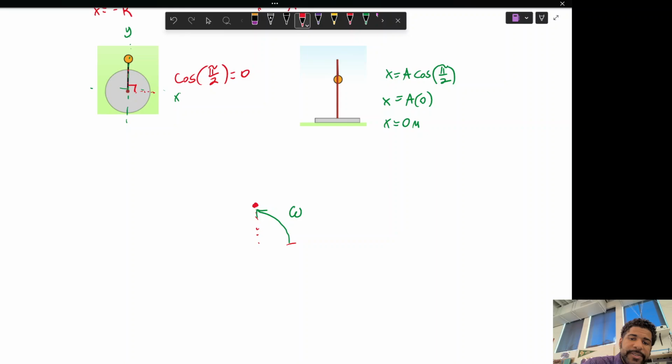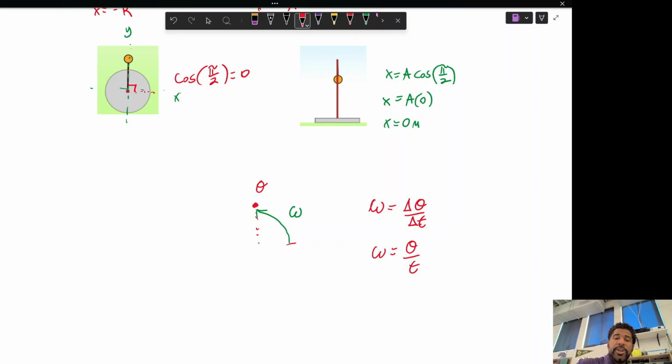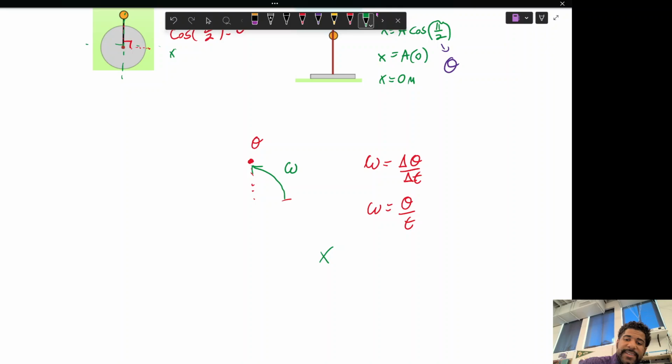If we start from 0 on both ends, that means omega is equal to theta over t. So if I want to express my angle theta, I can change this from x equals A cosine theta to x is equal to A cosine omega times time.